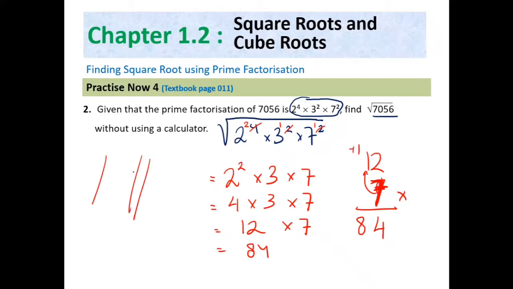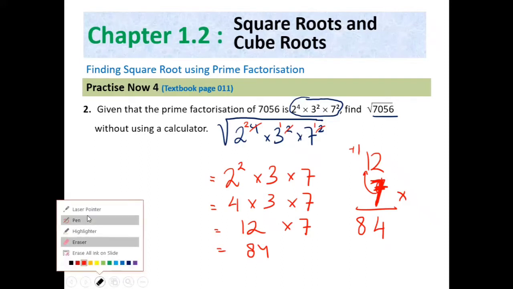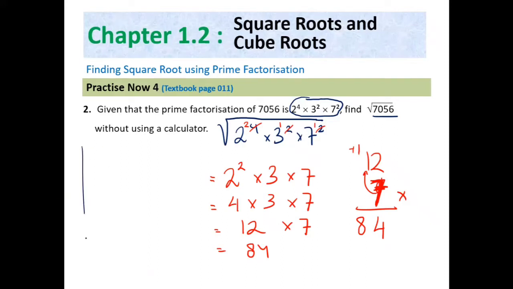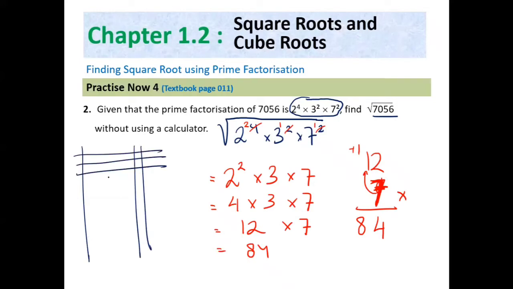12 times 7. So it is a longer way, takes more steps. If you want, up to you. If you don't want to use this, up to you. 12, right? 1, 2, 3, 4, 5, 6, 7.